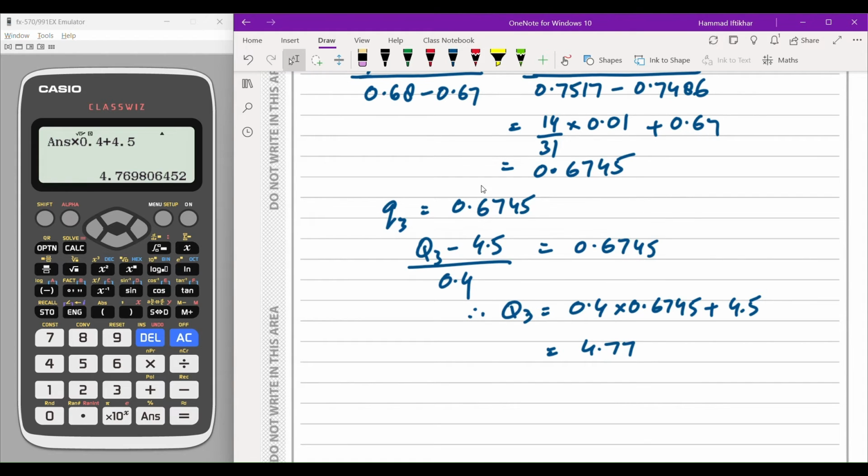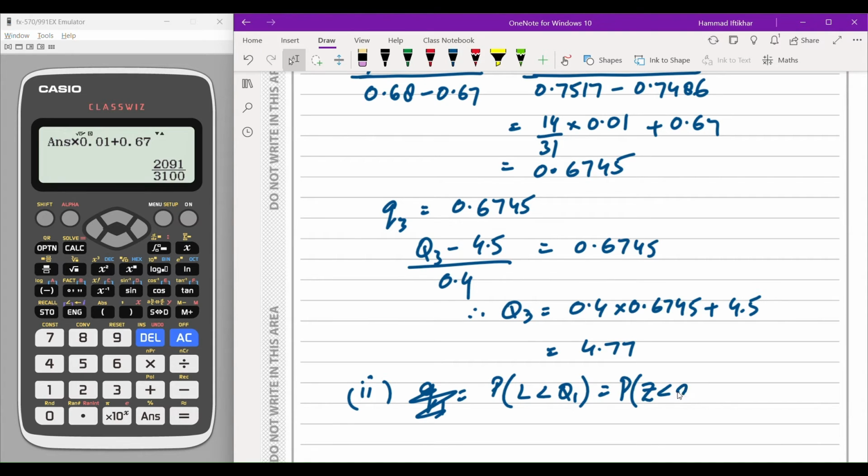Okay. Now, the same value that we found could be applied for the lower quartile also. So Q1, probability of L less than Q1, probability of Z less than Q1.